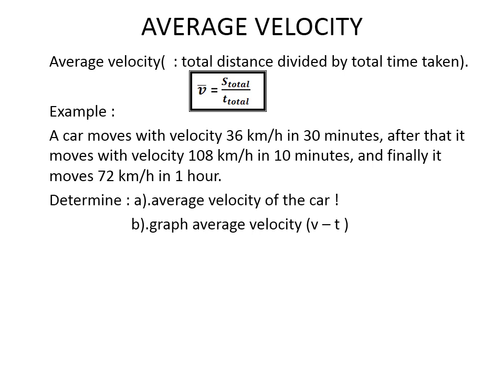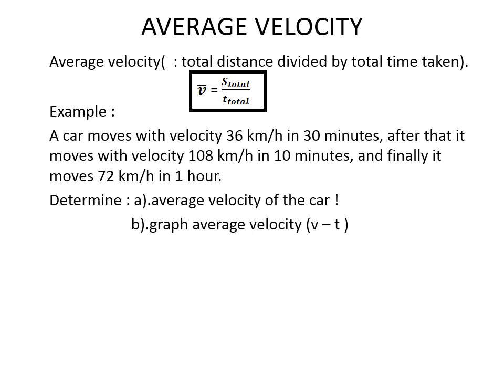After that, it moved with velocity 108 km per hour for 10 minutes. And finally, it moved at 72 km per hour for 1 hour. Determine A. Average velocity of the car. B. Graph of average velocity, v versus t.